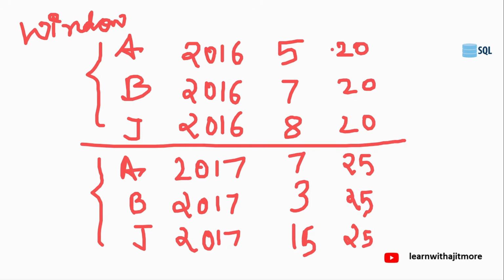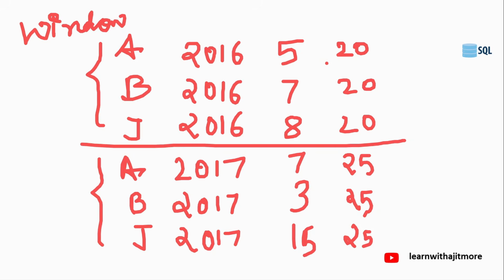This is for analysis purposes. Many times, for comparative study, we need the group along with the aggregate. Like in 2016, while doing comparison, the total sale is 20 and Alice has done 5.